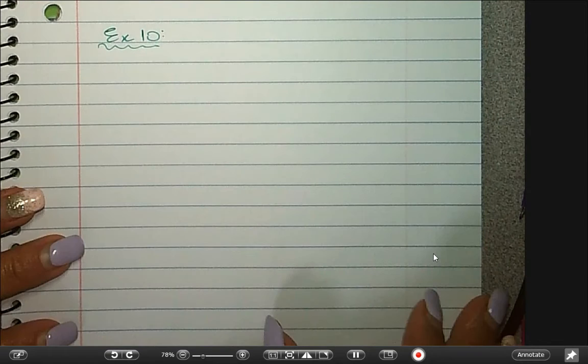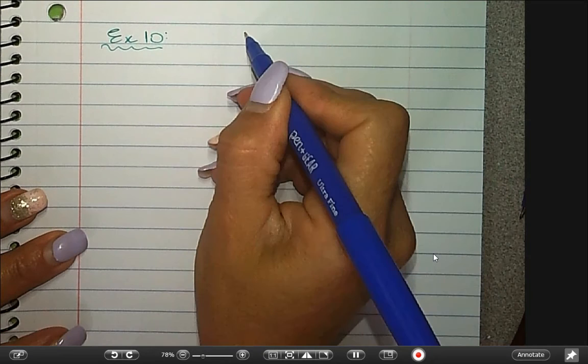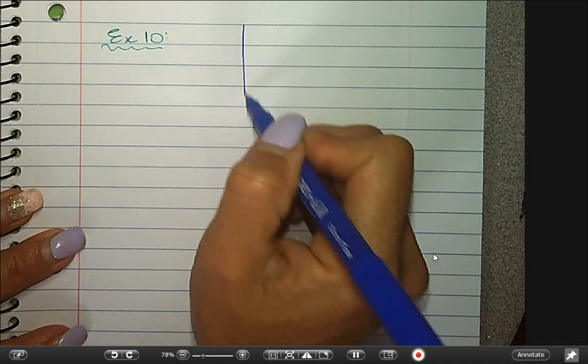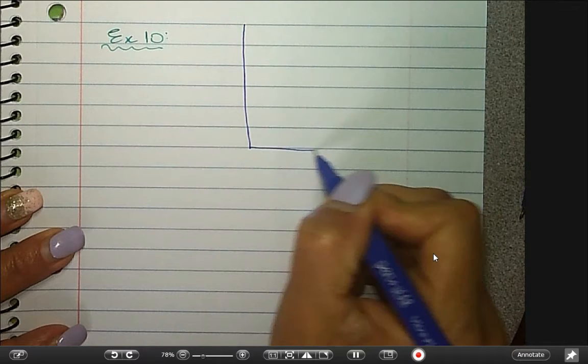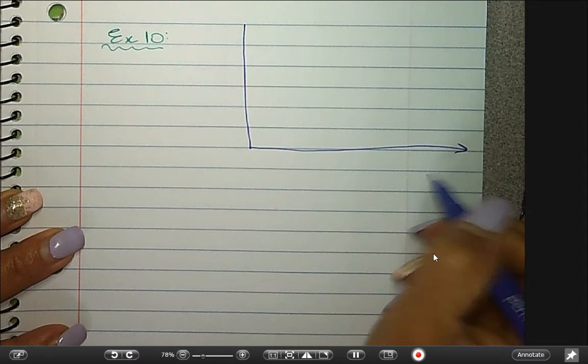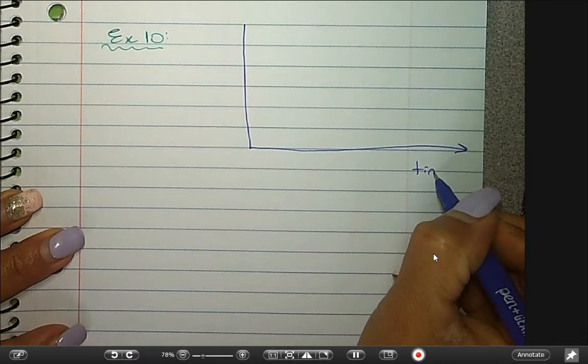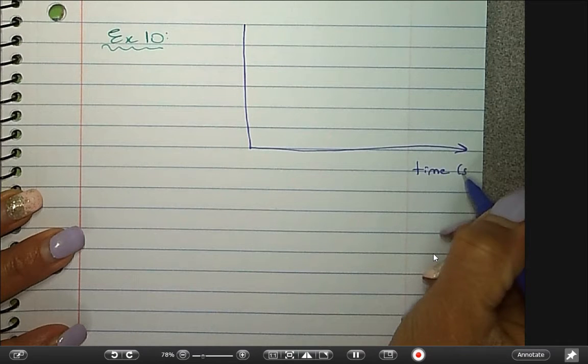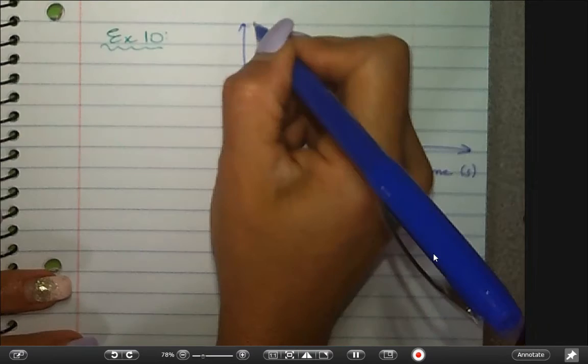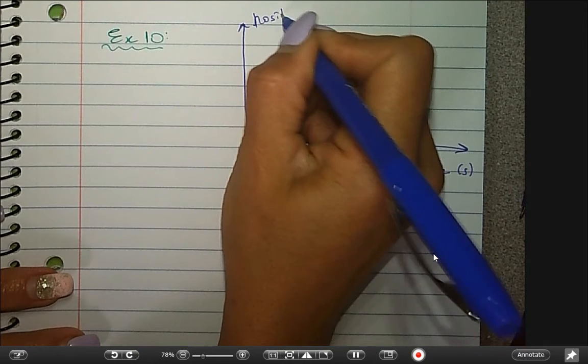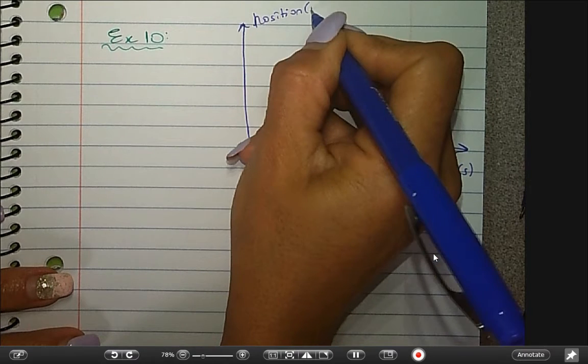What do we have for example 10? We have time in seconds versus position in meters.